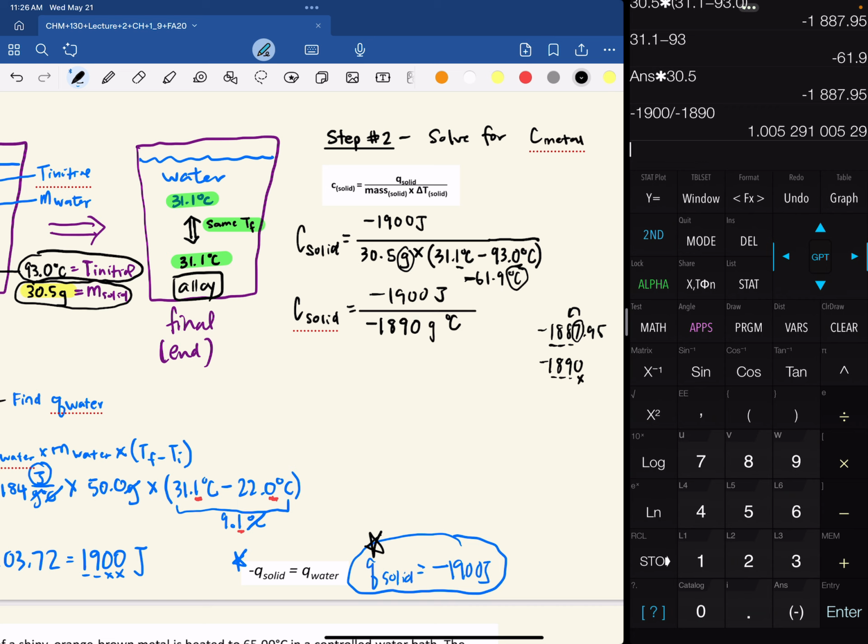We're going to only carry 2 sig figs because our 1900 is 2 sig figs. So our C of the solid is a positive value. The negative signs cancel out, so we get 1.0. Our units are joules per gram degrees Celsius. Okay, and that is the specific heat for our metal in this problem.